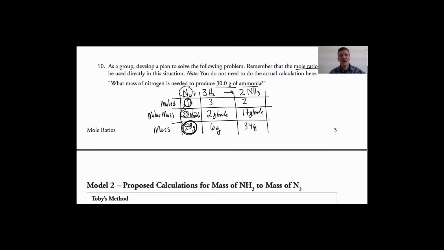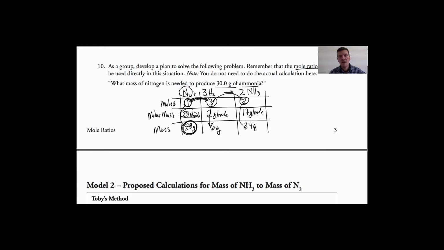And then if you want to find out how many moles of hydrogen you need, you use this 1:3 ratio. And then if you want to find out how much mass of hydrogen you have, you would multiply by the molar mass. Okay? If you want to find out how many moles of ammonia are produced, you would then use the 3:2 ratio.